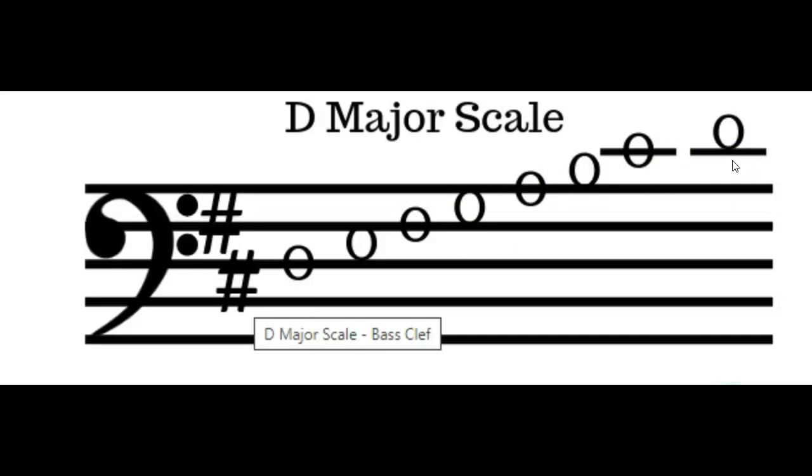Now this is ascending. So if I go descending, I know that I start from the top and go down. If I start on a line, I will end in a space. And the other thing that I need to add, D, E, F sharp, G, A, B, C sharp, D. I have to add my semitone slurs.